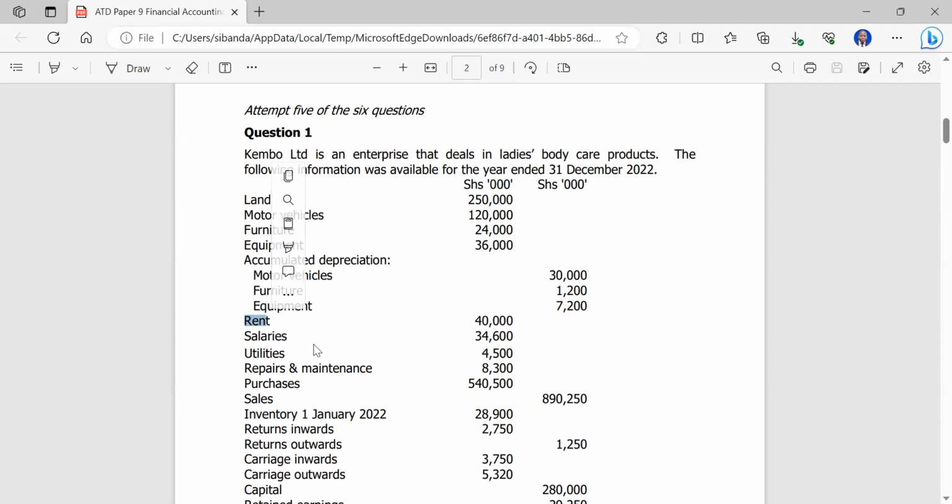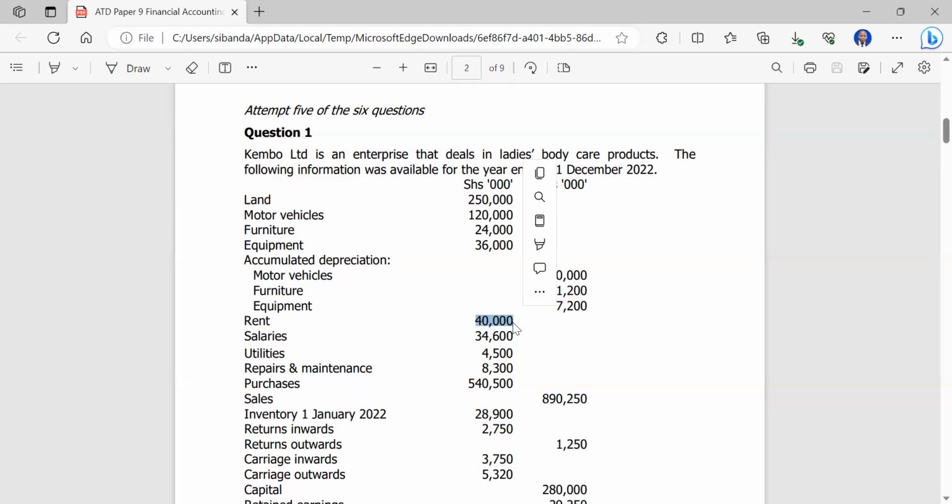Now we come to these other items. Just like the way we have assets that have a normal debit balance, even expenses also have a normal debit balance. So we see rent here, and rent has 40,000 on the debit side. So this is an expense actually.